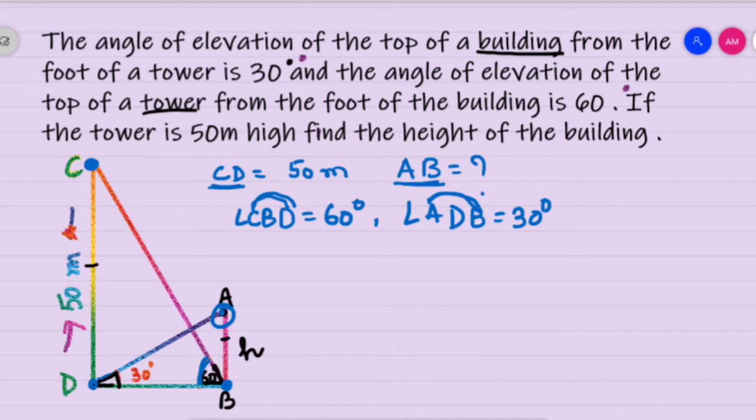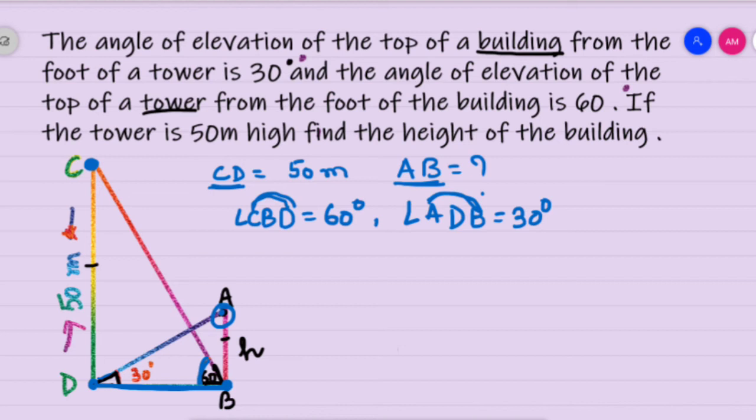So here what you have to consider is that in triangle BDC, or BCD, and in triangle ABD, only the BD side is common. We have to take this side in both triangles so that we can substitute wherever required. Things will become easier for us.